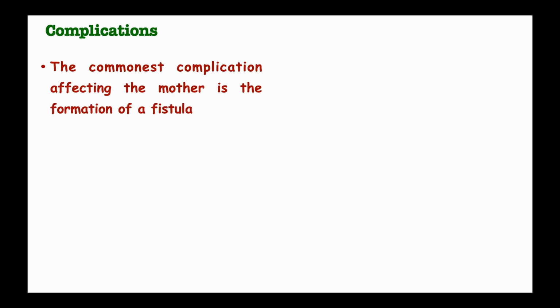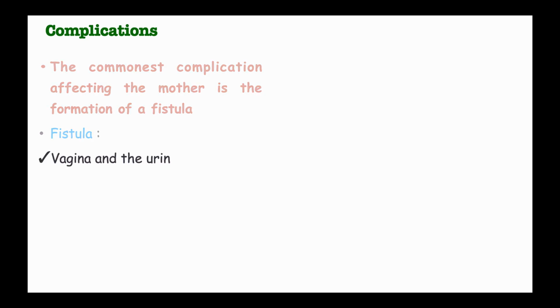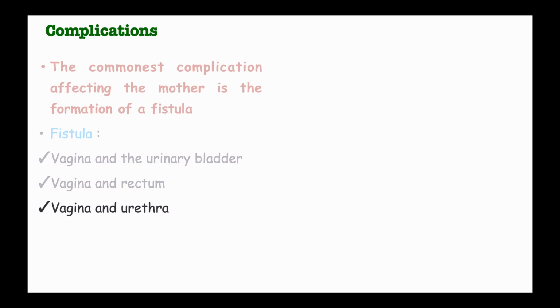The commonest complication of obstructed labor is formation of fistula, and this fistula may occur between the vagina and the urinary bladder, sometimes also the vagina and the rectum. Then we may also have it between the vagina and the urethra and the vagina and the ureter.